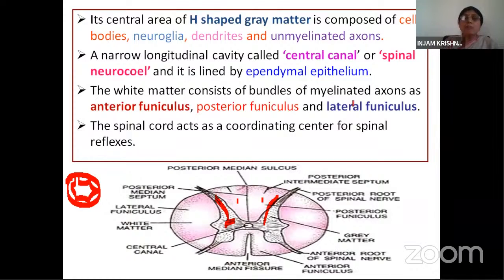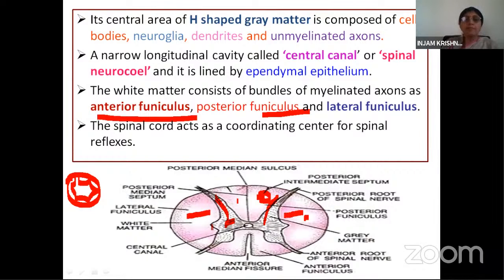The white matter consists of bundles of myelinated axons. Due to the myelinated axons, it gives us a white color, isn't it? They are the anterior funiculus, posterior funiculus, and lateral funiculus. See, this side is posterior, so this is the posterior funiculus, and this side is anterior, this side is the lateral funiculus.